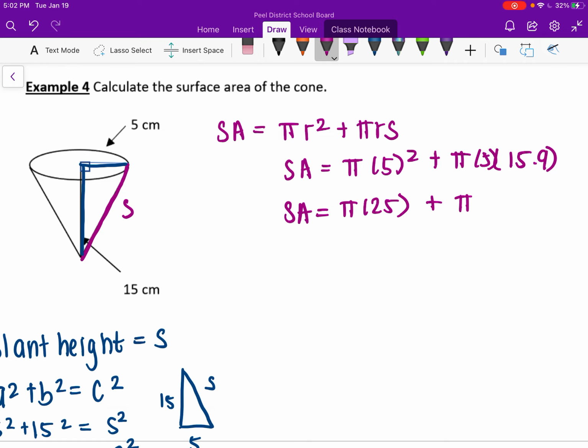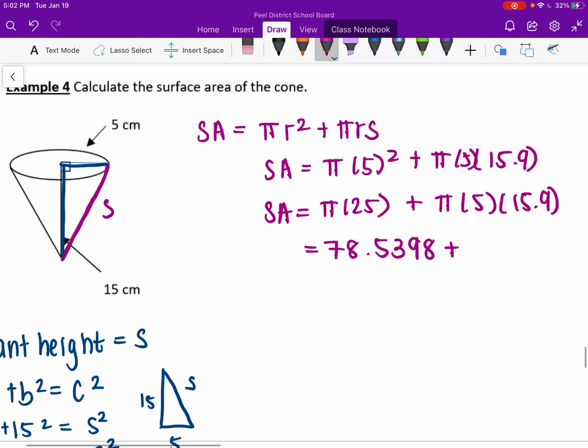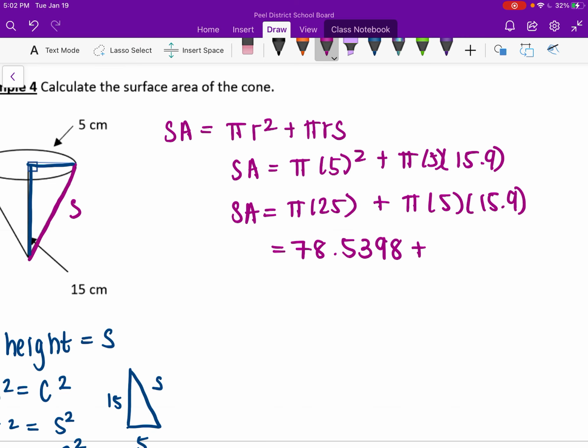So pi times 5 times 15.9. 25 times pi is equal to 78.53, and I'm going to use the 98 because I just want to keep as much as I can. It's fine if you don't use that; your numbers will just be a little bit different, and that's fine.